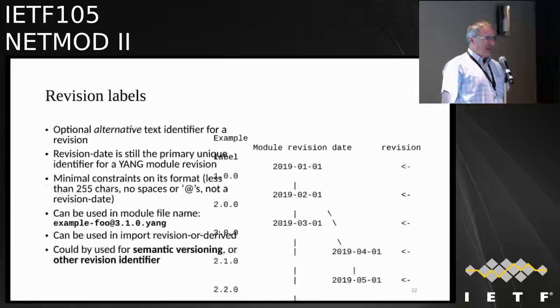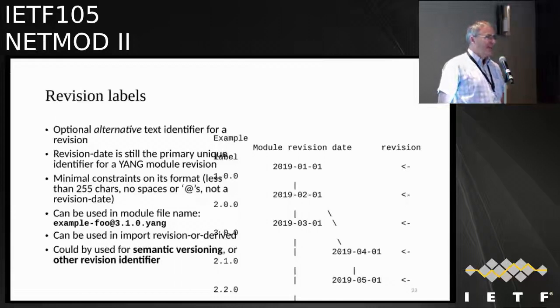So we have revision labels because the NBC only tells you that, yes, we have a change, but to actually understand that, you have to parse the module already and look up all the revision statements, which is quite a bit of work. So as an alternative, you can have a revision label that contains similar information. This draft does not say what is in the revision label. These are examples. And we'll have multiple drafts, or at least one draft, about, let's say, SemVer in the revision label. The format is rather free.